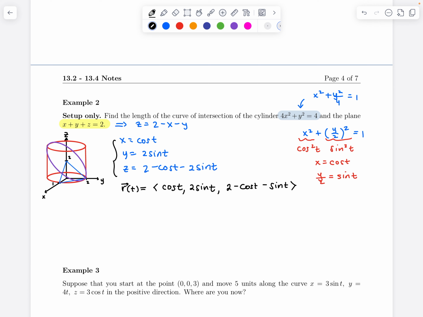So what we can note here is that the curve is an ellipse that we found, slanted in space because of the plane. And if I use 0 less than or equal to t less than or equal to 2 pi, that traces the curve once.